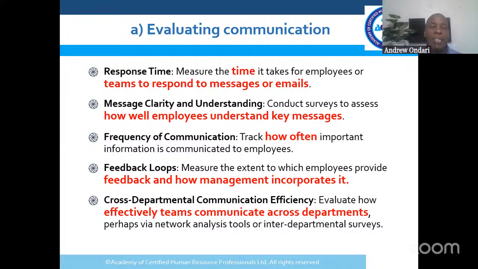I may use an example of the pandemic that we all experienced since 2019 or 2020. The communications that were done by the Ministry of Health were timely, if I may say so, because we are talking about how people had to take care of themselves to reduce the spread of the virus.